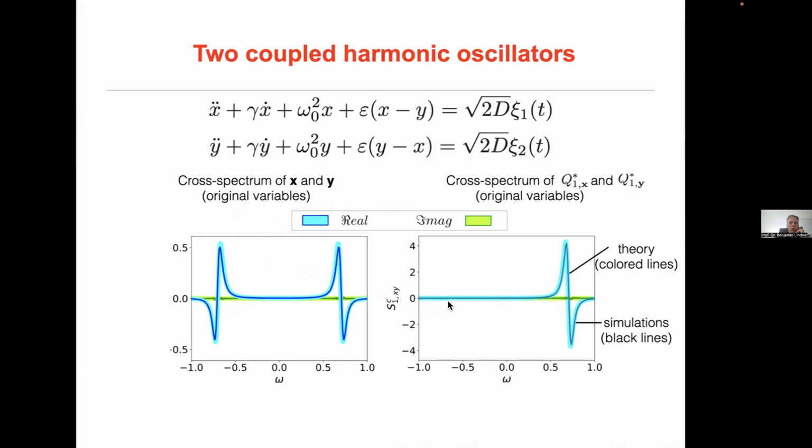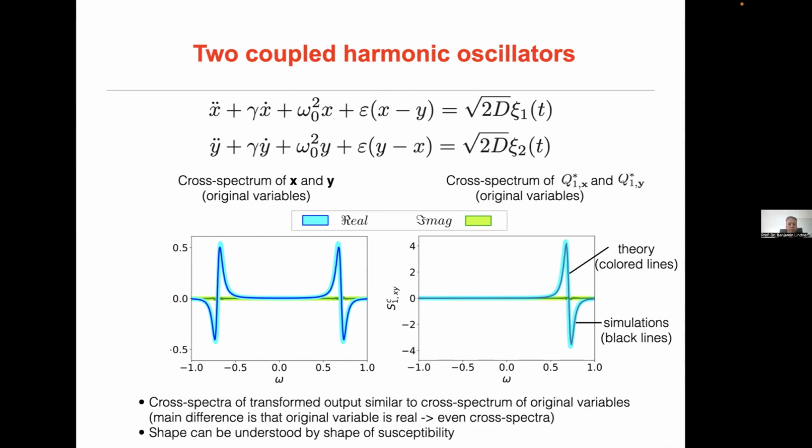So these are the original variables. And you see that the information that these carry here is somehow maintained also in the cross spectrum between Q1x and Q1y. So we now make the transformation to the eigenfunctions and we look at the cross spectrum between these two modes.